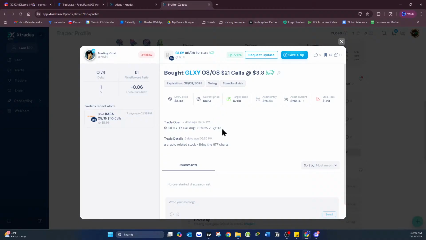Yeah. So, again, once you follow specific traders, you can go to open alerts only and start to really scan through here. I follow a lot of different traders, but you can also narrow this down even more to stocks, options, right? Just from here. Maybe you're only interested in the last 3 days or just today, right?